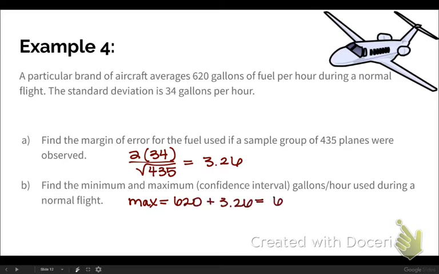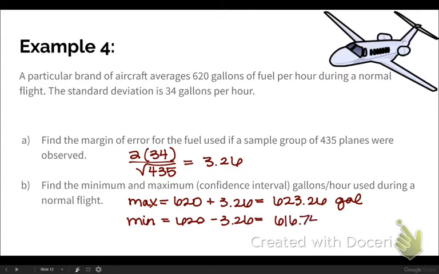So 623.26 gallons would be the maximum. And then to find the minimum, we would subtract 3.26, which would give us 616.74 gallons.